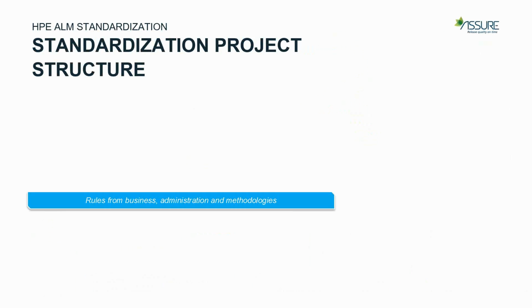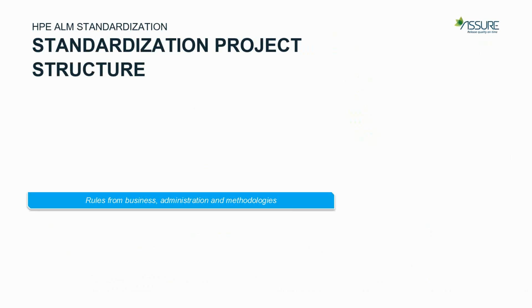A couple of words about the standardization project structure in general. So whenever we go forwards to actually standardizing our existing ALM projects, we want to understand any rules from business, from administration, from some new methodologies that we are using. Perhaps we want to use a certain kind of risk assessment style, and we want to have all the risk fields in our requirements have the same lists, and so on.